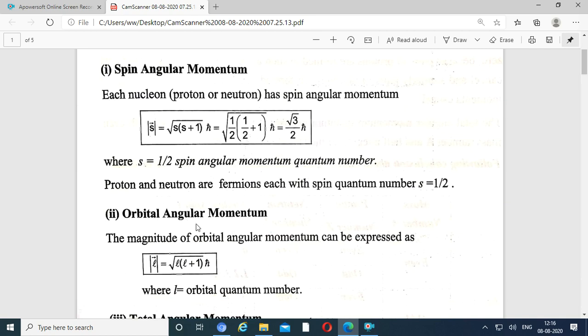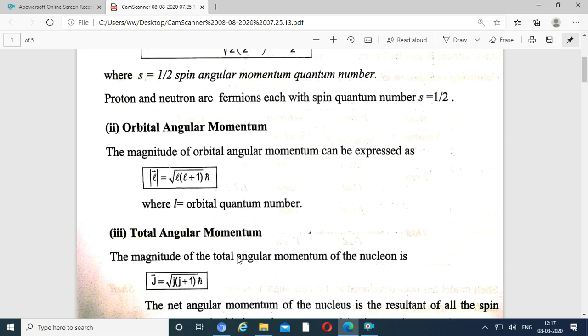And next is orbital angular momentum. The magnitude of orbital angular momentum can be expressed as l equals √(l(l+1)) ħ, where l is the orbital quantum number.